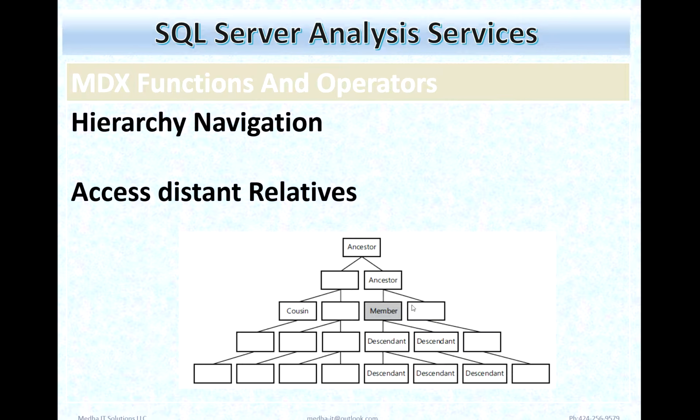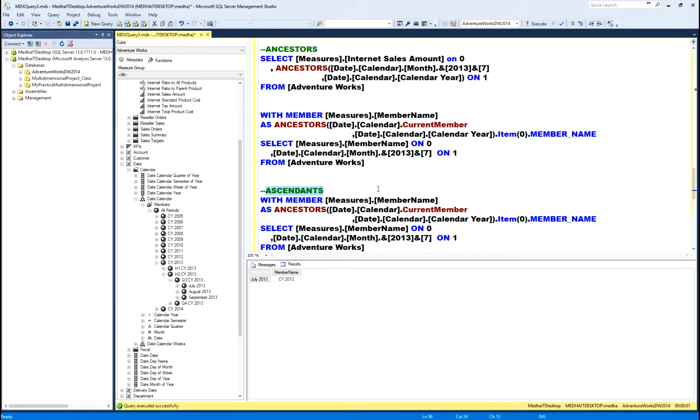Ascendants will give all the members in the hierarchy till the level we specified. Ancestor gives only that member at the given level, whereas ascendants gives all the members till that level. Okay. So, let us see an example without getting confused.